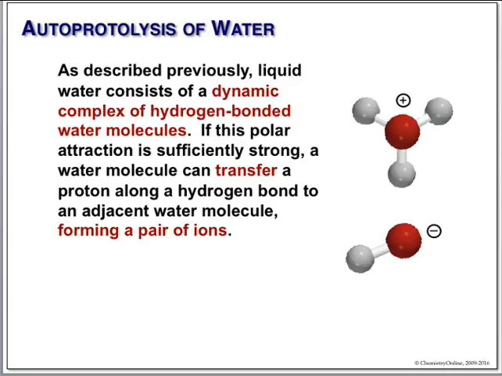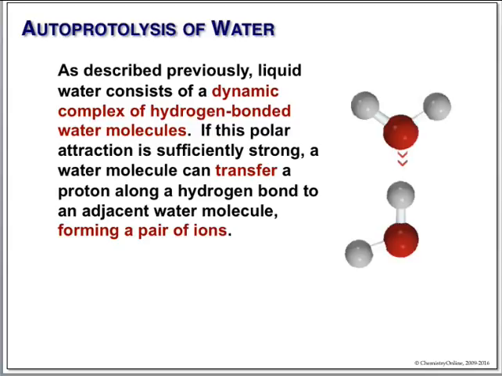Now, I said that these things happen very quickly, again, 10 to the 6 times per second. And so this hydrogen can be transferred back again, and now we have 2 waters again. And this goes on and on and on.